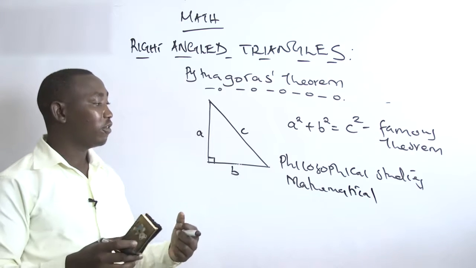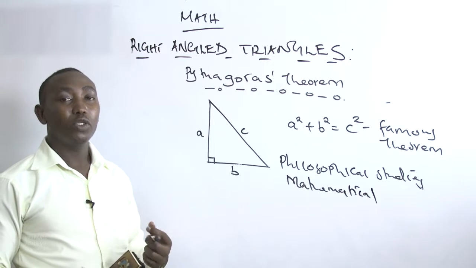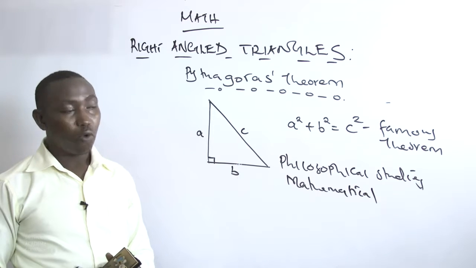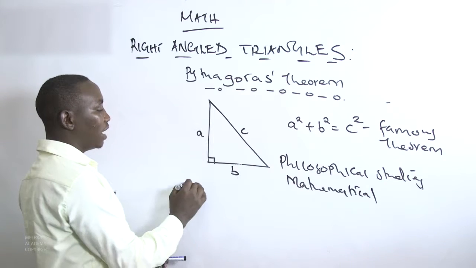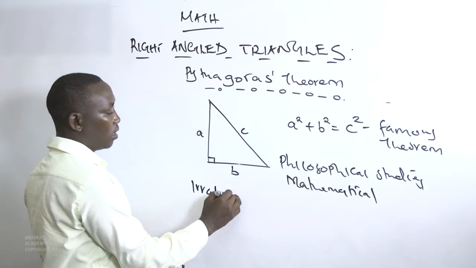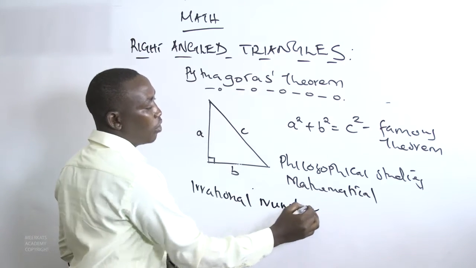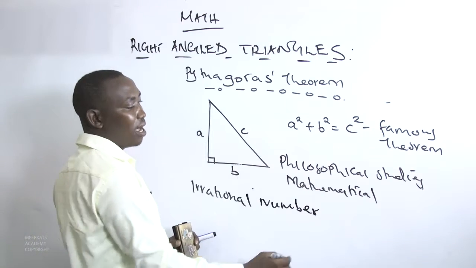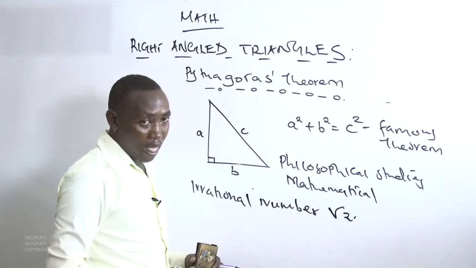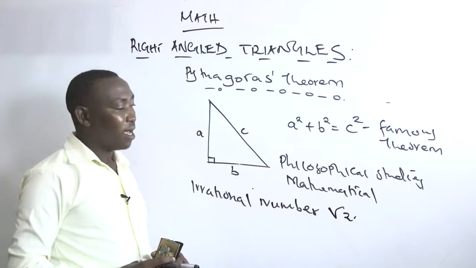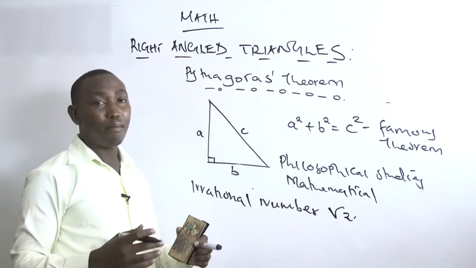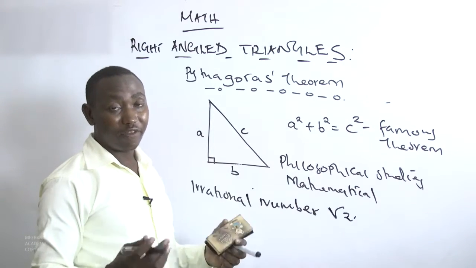During that particular tenure of studies, they were also able to discover some numbers which they referred to as irrational numbers. A good example of an irrational number is root 2. And we all understand that irrational numbers are numbers which cannot be expressed as a fraction.